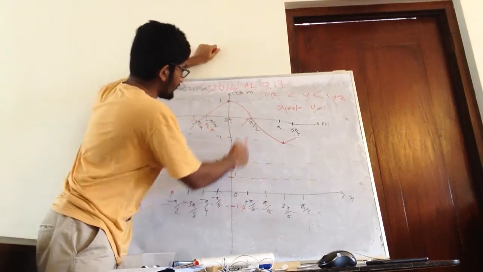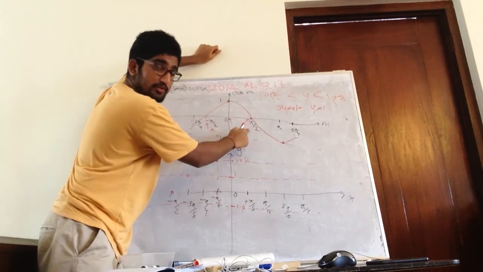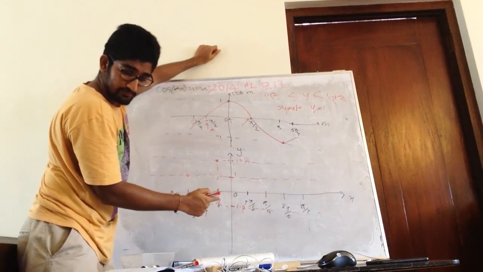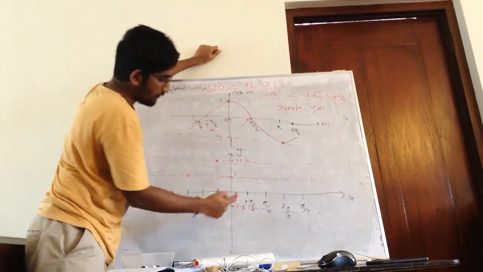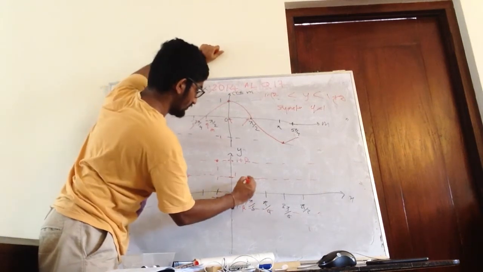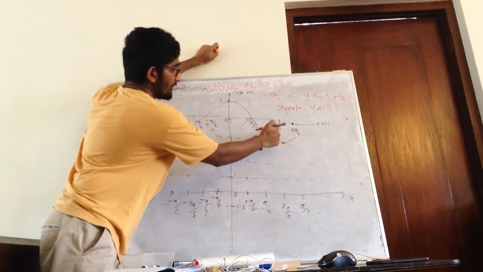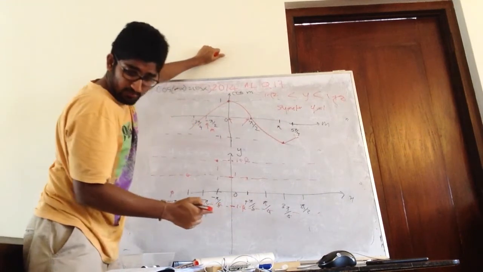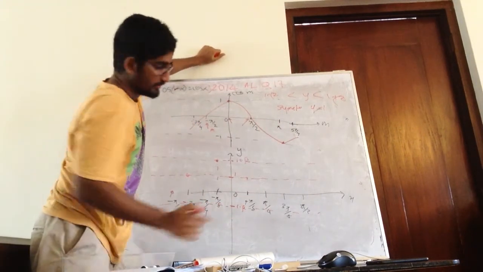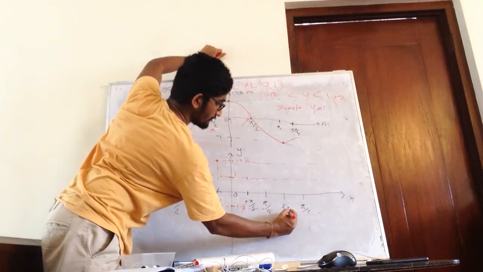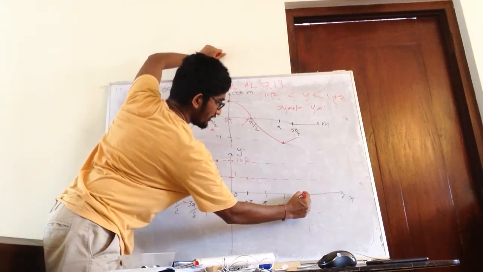Then I know that when m equals 5 over 2, the corresponding x value was 5 over 8. That means here. Then when m equals 5, the corresponding x value was 3 5 over 8. And the end point is 0.